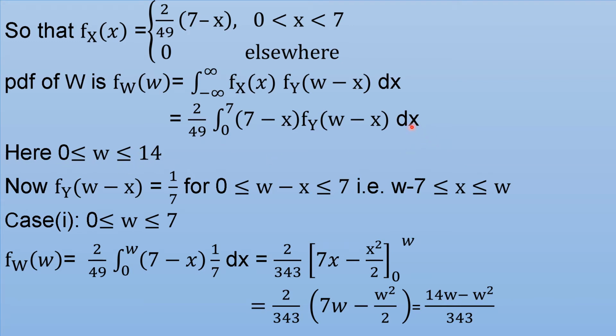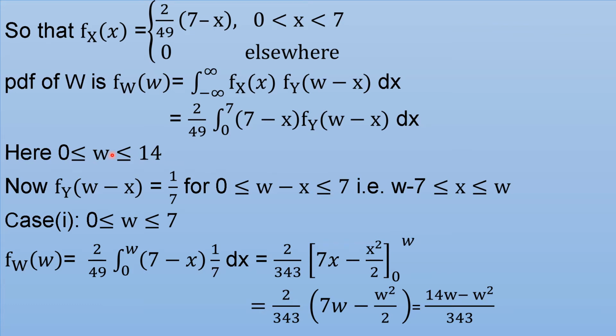Integration is with respect to x here in order to find fw of w, and the interval for x is 0 to 7, interval of length 7. So what we'll do is these w values, we'll take it into sum of different subintervals of length 7. We'll start from 0, length 7 means up to 7.